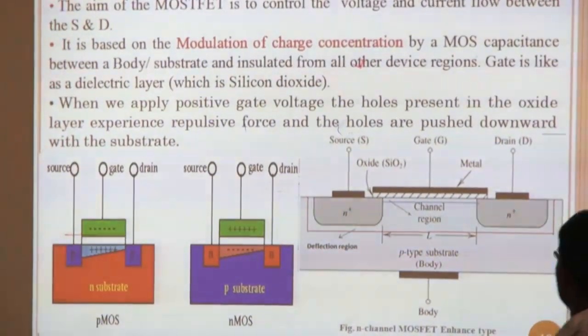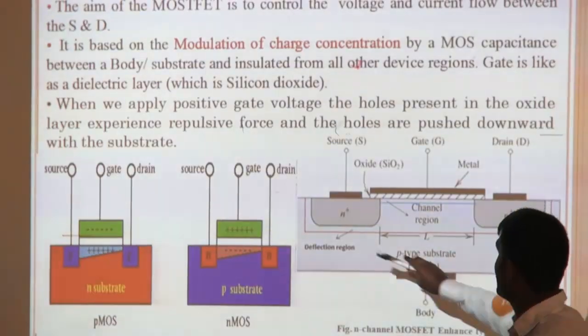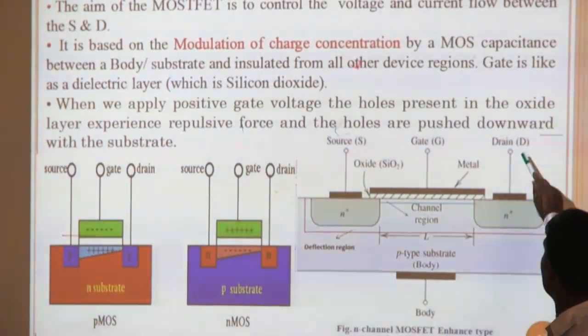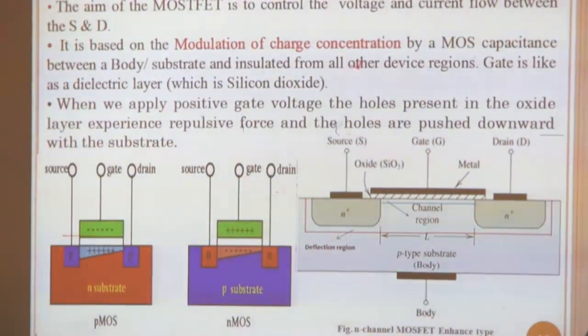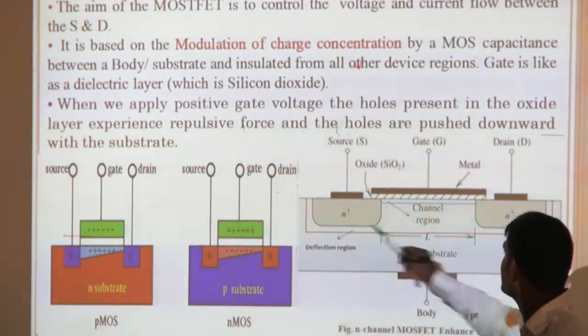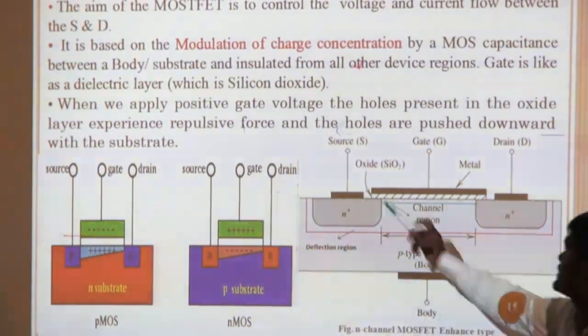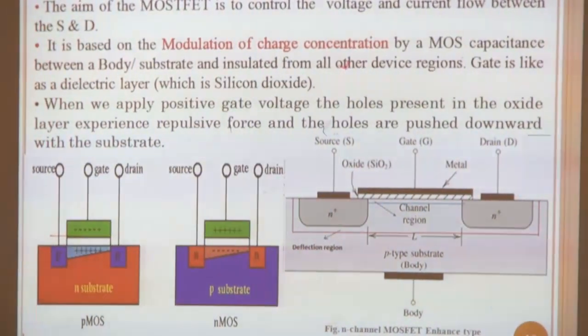It creates one region, red color. This is the depletion region, this red color. For source, this is N plus. For drain, this is N plus and body is P type, for N channel type. For P channel type, it is P plus, P plus. And this is source, this is gate, this is drain. This is the simple structure of the MOSFET.